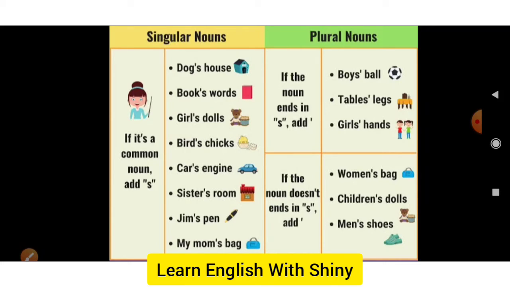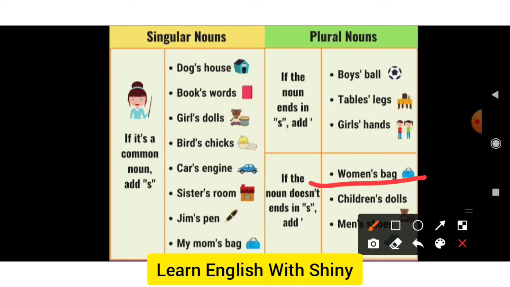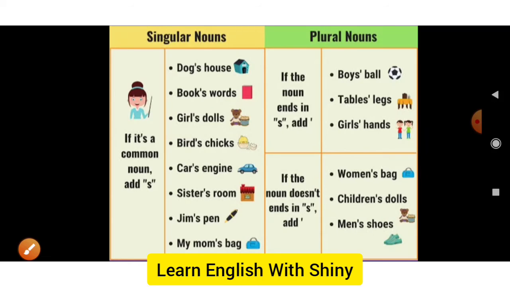All these are plural nouns, but these nouns do not end with s, so we will use apostrophe s with these plural nouns. Examples are women's dog, women's bag, children's doll, men's shoes. Right, here also we have used apostrophe s.